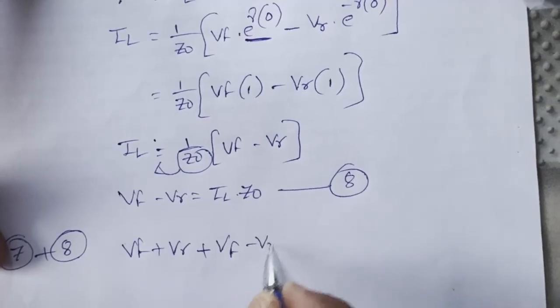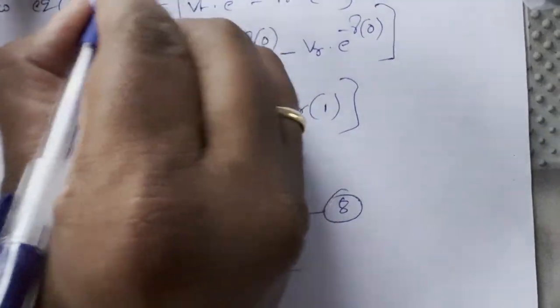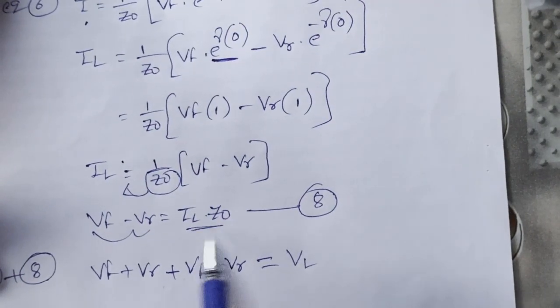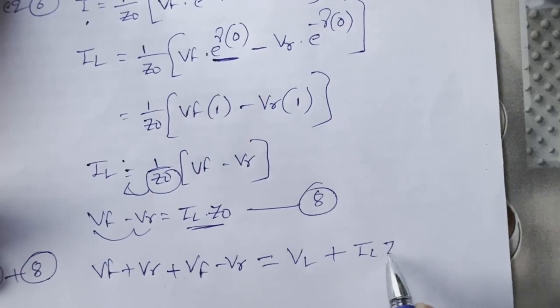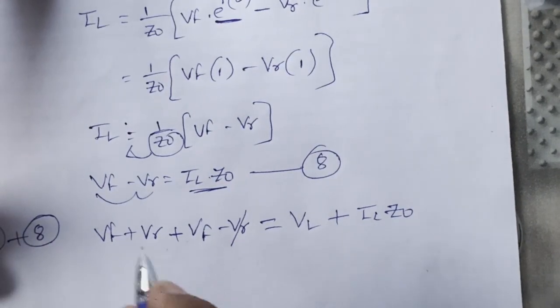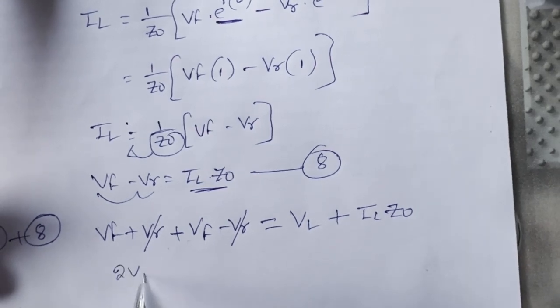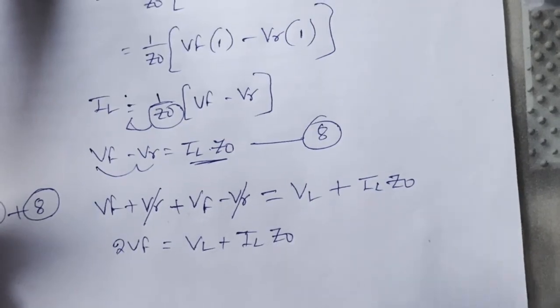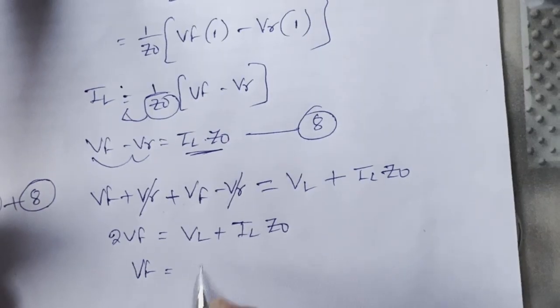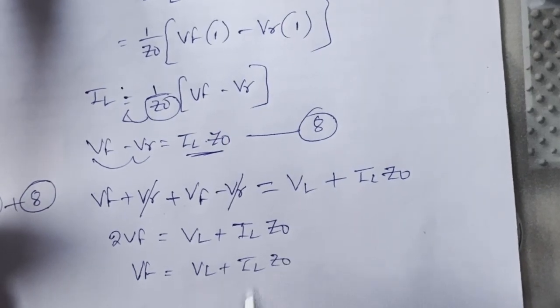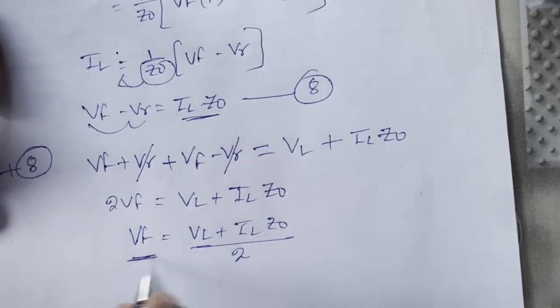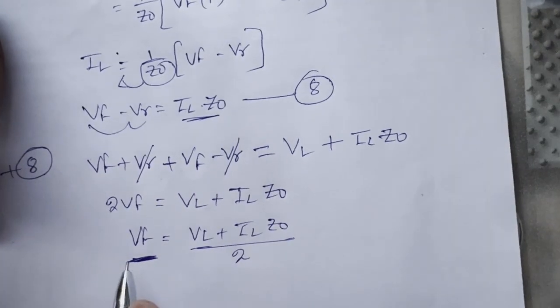Those are the two LHS, and the RHS is VL plus IL Z0. Here Vr gets cancelled. 2Vf equal to VL plus IL Z0. Vf is equal to VL plus IL Z0 by 2. It is the expression for Vf, the forward voltage.